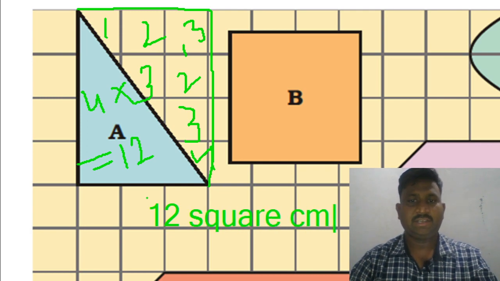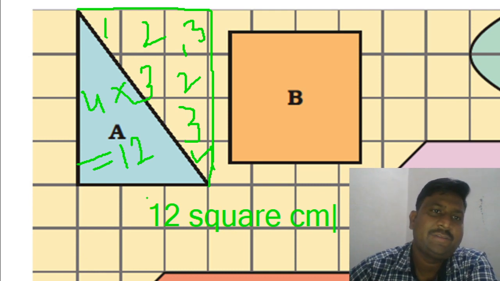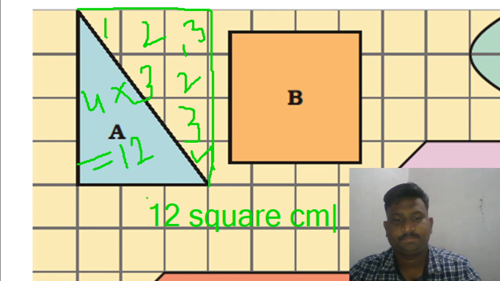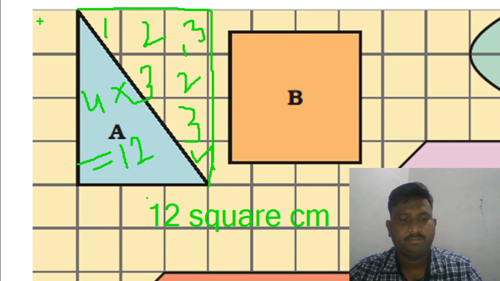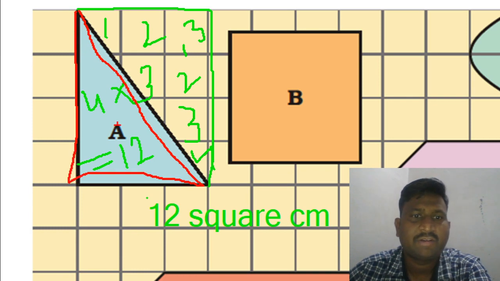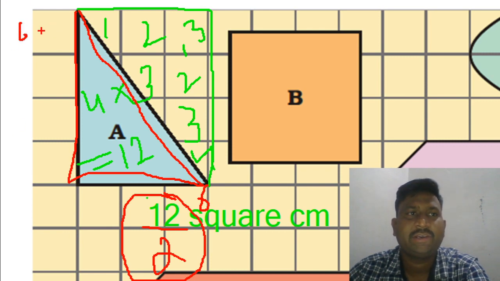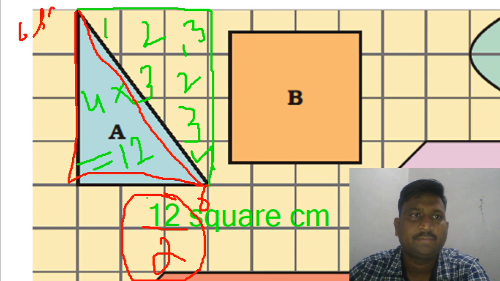But exactly we have half of this area. So what we can do? We divide it by 2. So this become 6. So area of this A triangle is 6 square centimeter.